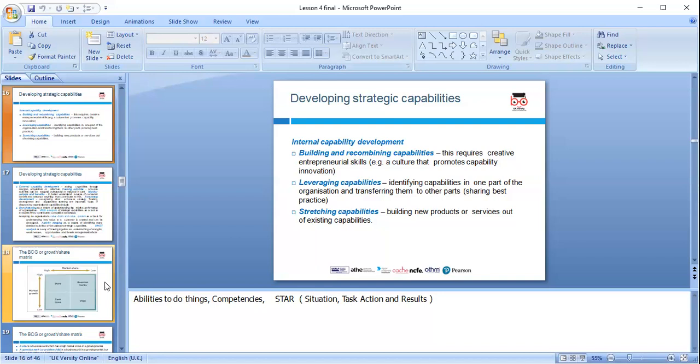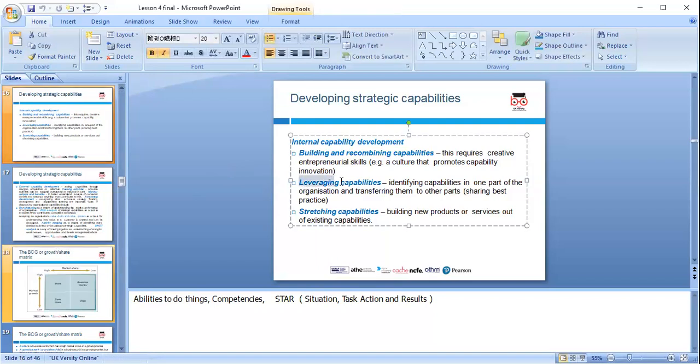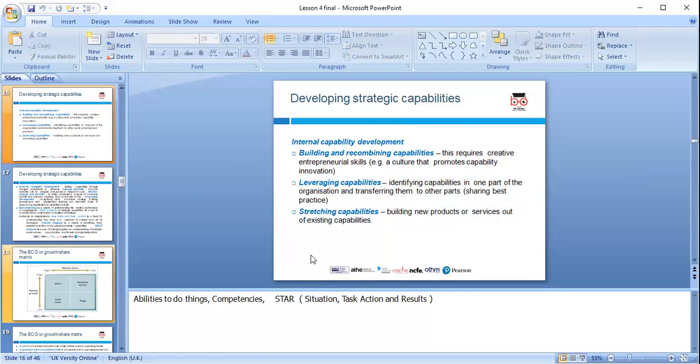Okay. Developing strategic capabilities is about the long-term capabilities. Capabilities mean the ability to do something, and there are a lot of key leverage capabilities: identifying the capabilities in one part of the organization, transferring them to other parts, stretching capabilities, and building new products and services on existing capabilities.